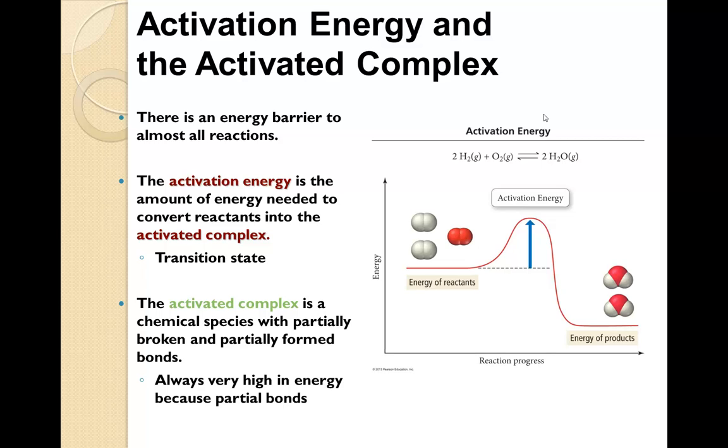So, as we stated before, there is an energy barrier for almost all reactions. The activation energy is the amount of energy needed to convert the reactants to the activated complex. So the activated complex is on the top here.